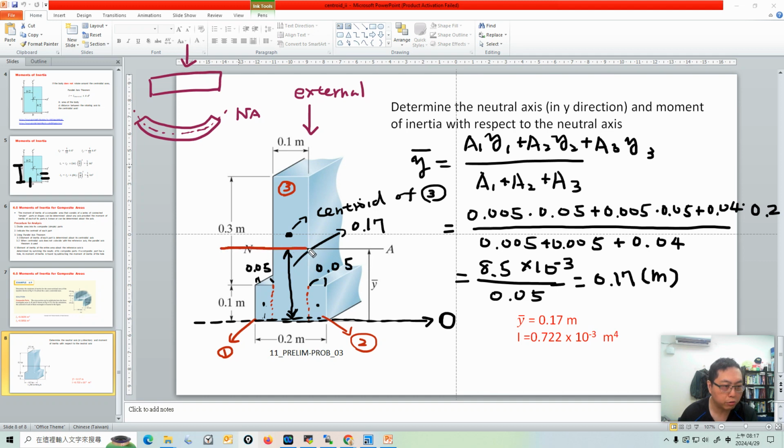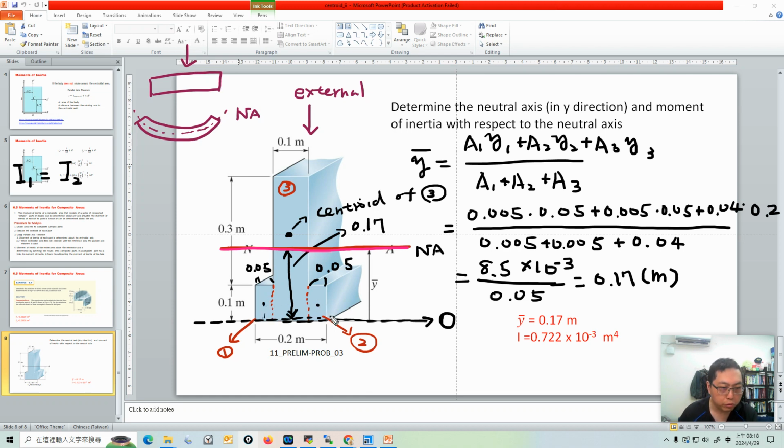You have to calculate the moment of inertia with respect to this neutral axis. For I1 and I2, you see that the rotational axis, the so-called neutral axis, does not pass through the centroid of 1 and 2.